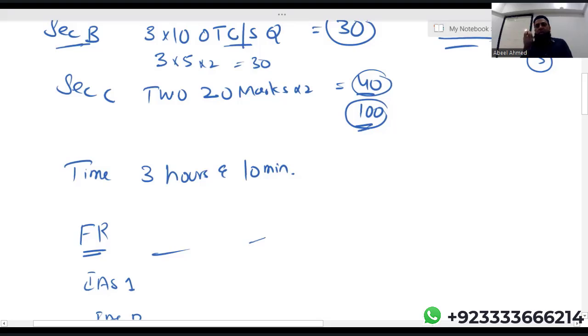Even a normal multiple choice question can disturb you. So you have to be conceptually very strong. Very strong means very strong. If you are conceptually very strong, it means you are going towards getting really good marks in this paper. But if you are conceptually weak, obviously you are calling for trouble.